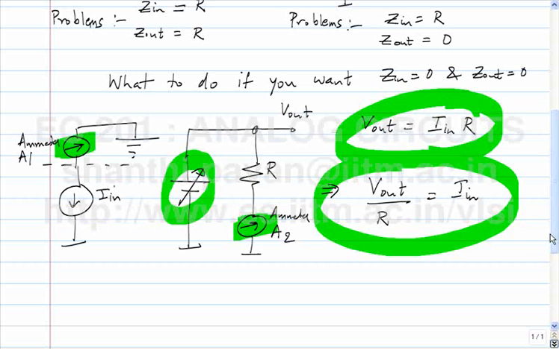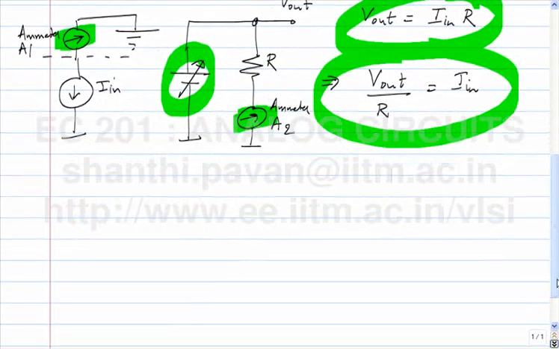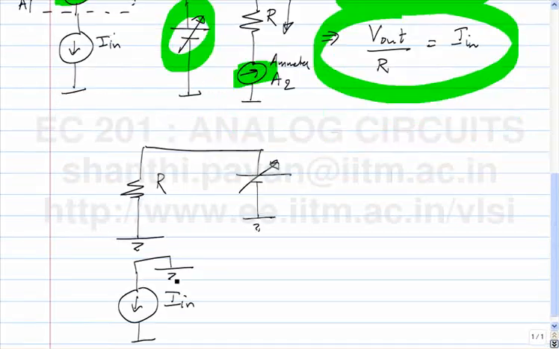So in other words, what we need to do is to compare the currents flowing in this branch and In. So let me redraw this in this fashion. If V out by R was exactly equal to In, then this current will be the same as this current.